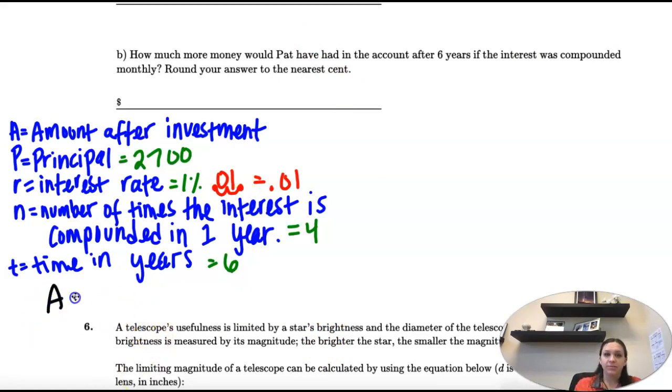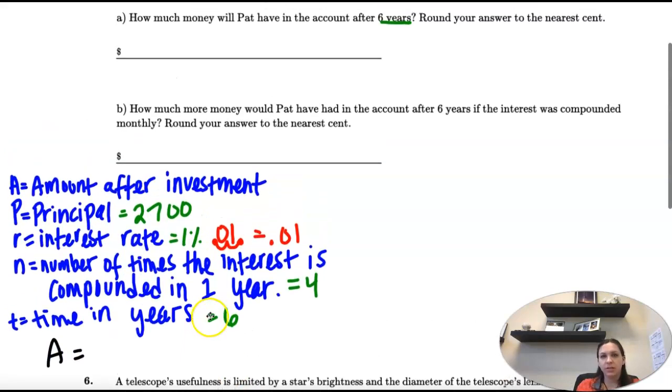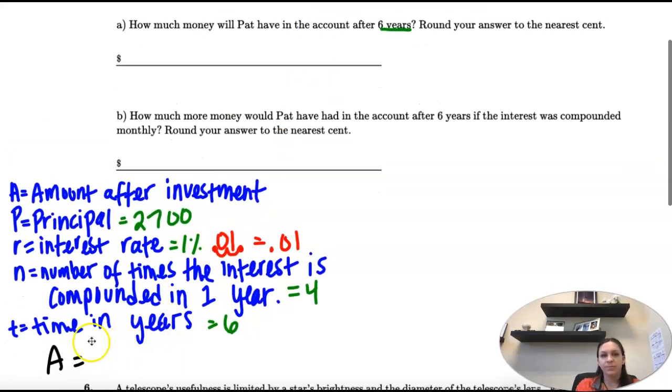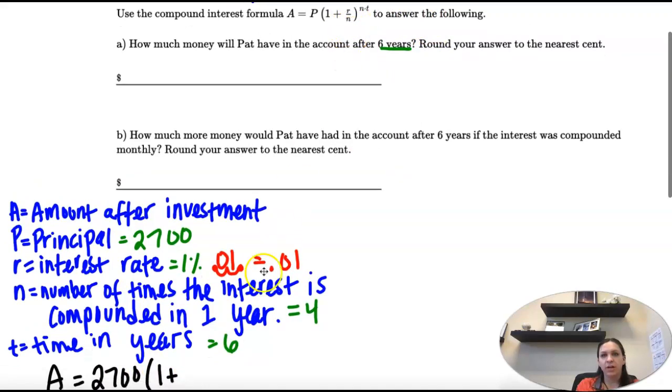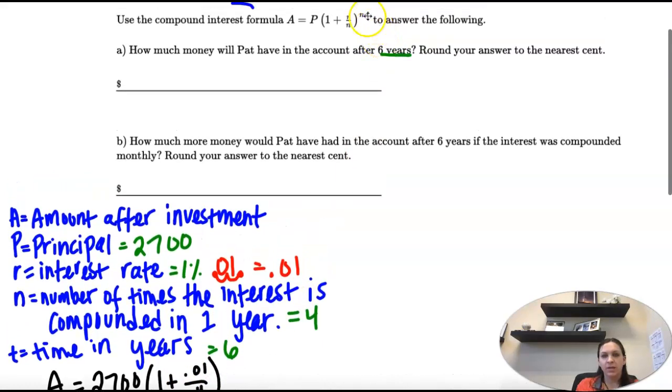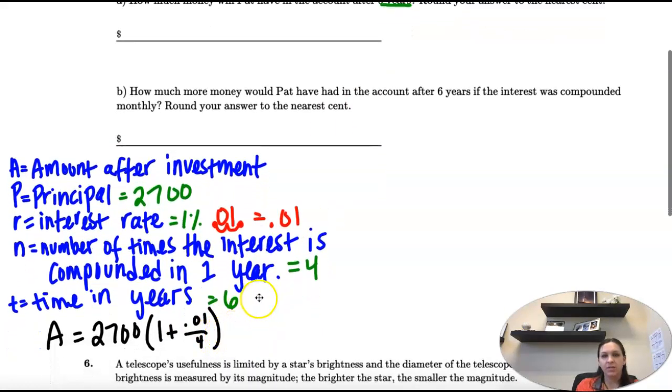So A equals, sorry, I'm going back and forth, P times 1 plus R over N, 0.01 over 4, then N times T is the exponent.